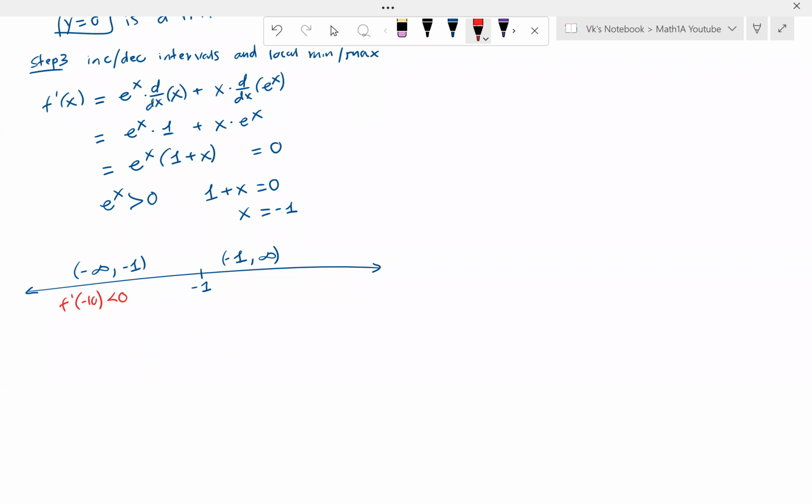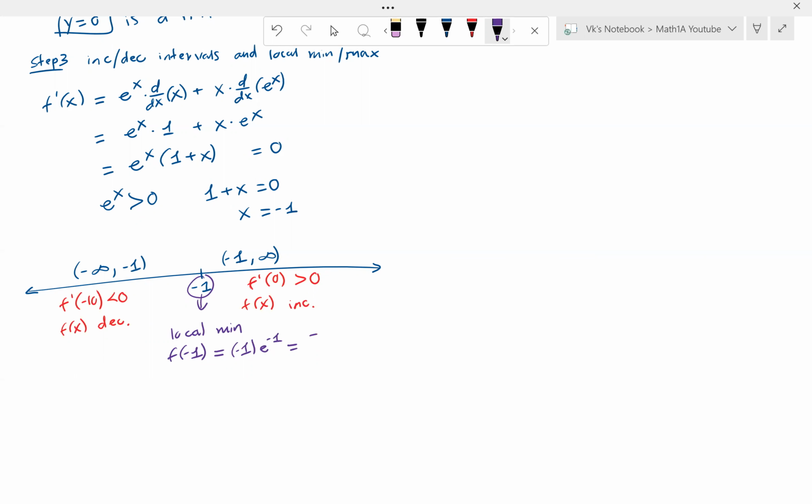So f of x is decreasing. f prime of 0 is more than 0. So f of x is increasing, meaning that we have a local min at f of negative 1. Negative 1 times e to the negative 1, which is negative 1 over e.